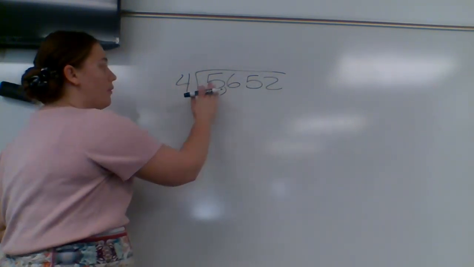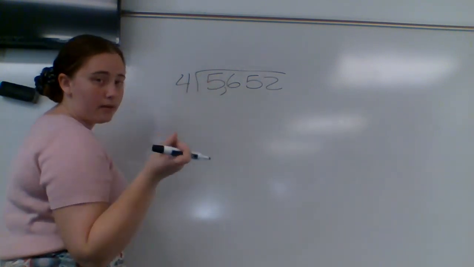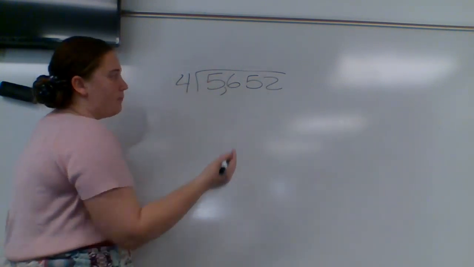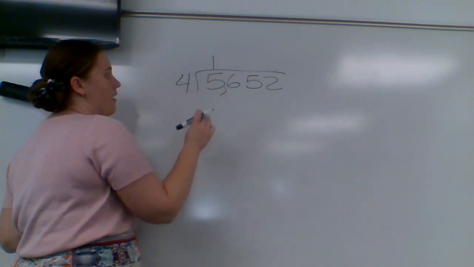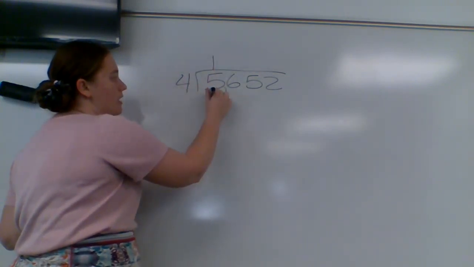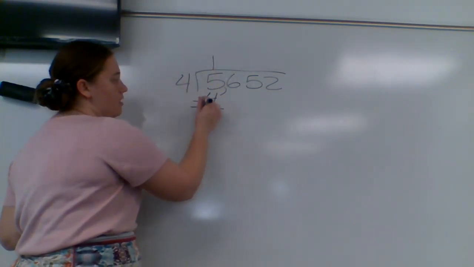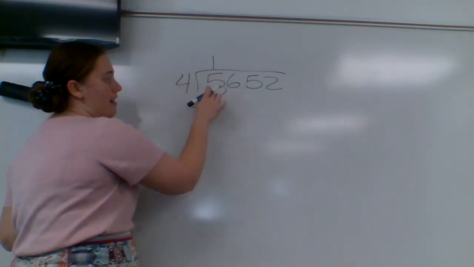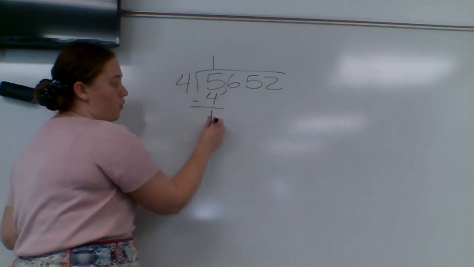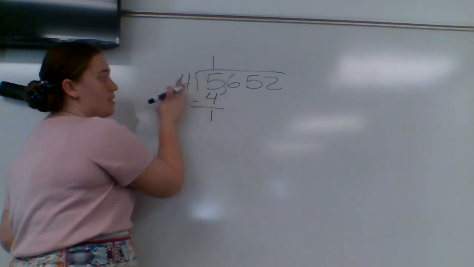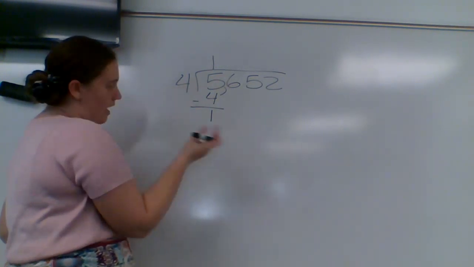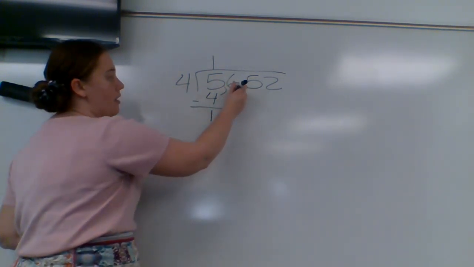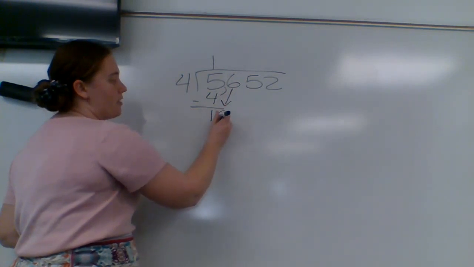We have 4 will go into 5. Well, 4 will go into 5 one time. We're going to put 1 above 5. 1 times 4 is 4. Subtract. 5 minus 4 is 1. Is 1 smaller than 4? Absolutely. So we will say that is a good comparison. And we'll bring down the 6.